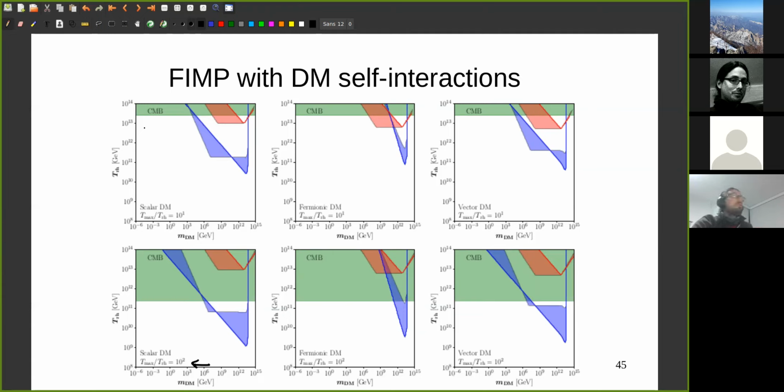From Planck, we know we have an upper bound from the inflationary scale, I think it's 10 to the minus 5 Planck masses or so. So this green band is the region of the parameter space which is in conflict with the inflationary scale as measured by Planck.